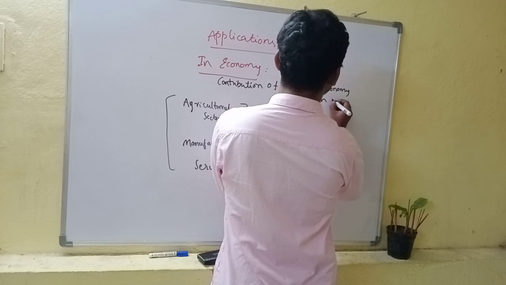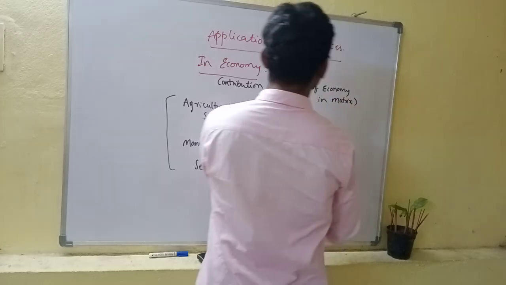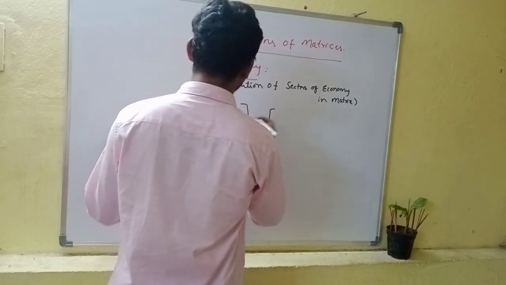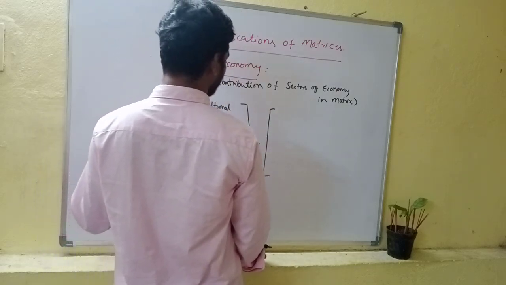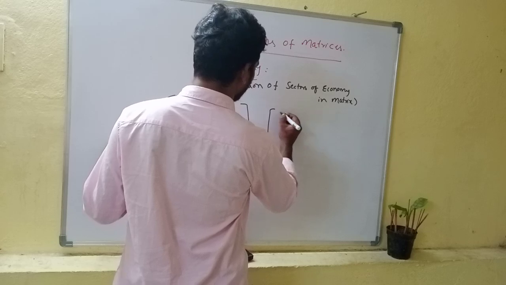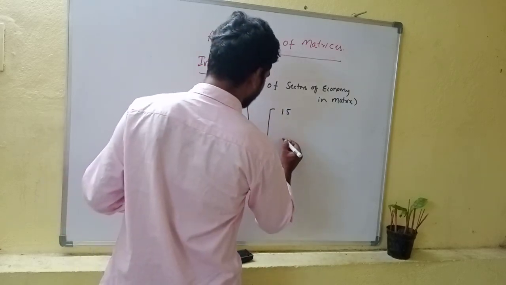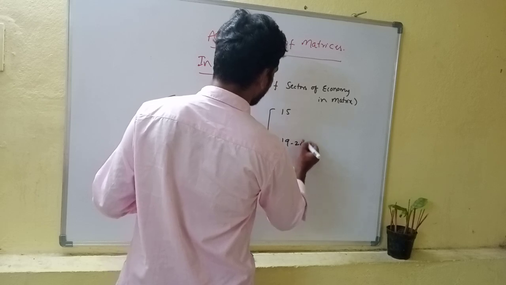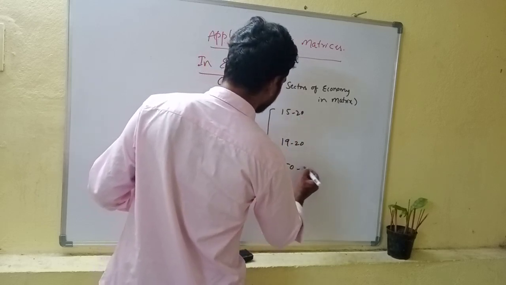In matrix. What is the share of agriculture? It's now shown that it is 15, manufacturing it's 19 to 20, it's 15 to 20. The service sector 50 to 60.